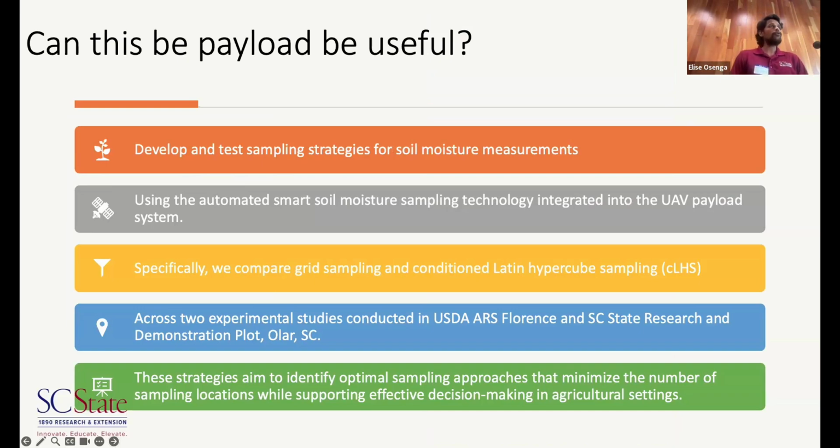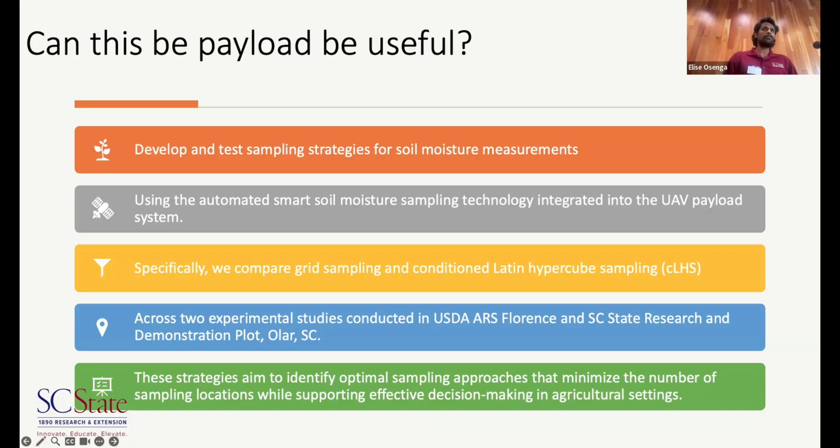One way we thought of testing this out is we wanted to compare two sampling strategies to understand spatial variation across surface soil moisture in an agriculture field. So we are comparing two sampling methods, grid sampling and conditioned Latin hypercube sampling, or what we want to term smart sampling, across two experimental sites.